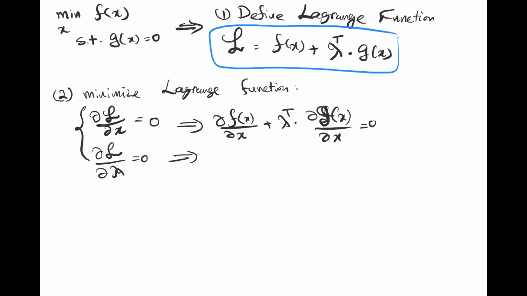The derivative of the Lagrange function with respect to lambda is going to be g of x equal to 0, which is basically our equality constraint. So if we can solve this system of equations, then we can find the optimal answer.